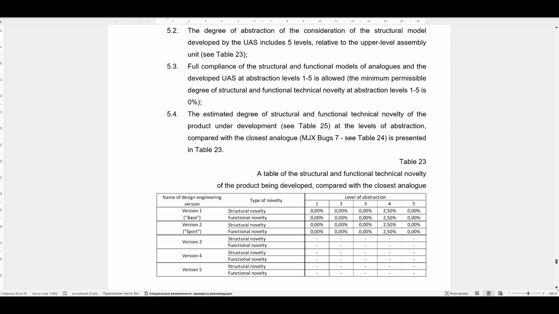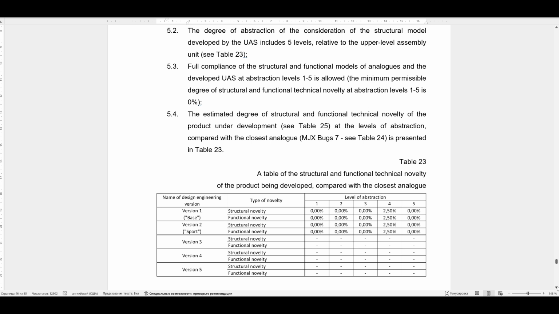If we are carrying out a development that cannot be classified in its pure form as reverse engineering, then we can set a target value in the technical assignment for the degree of novelty of the product being developed, for example, from 5 to 10%, thus providing the product with an additional competitive advantage in the market.